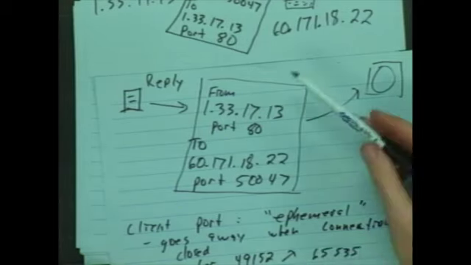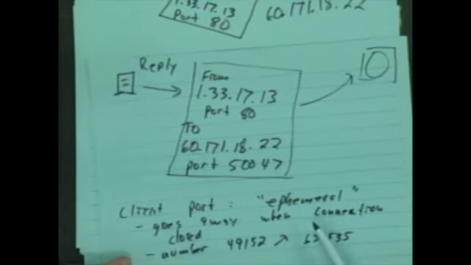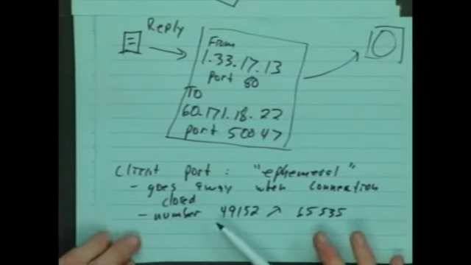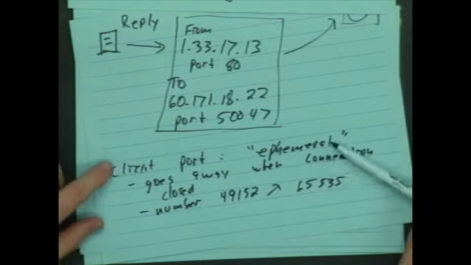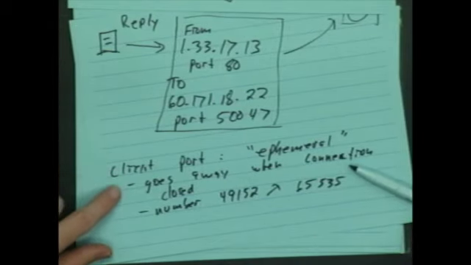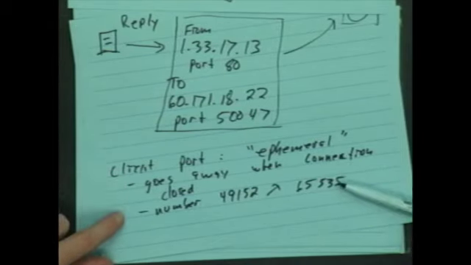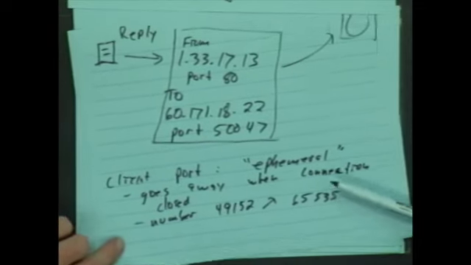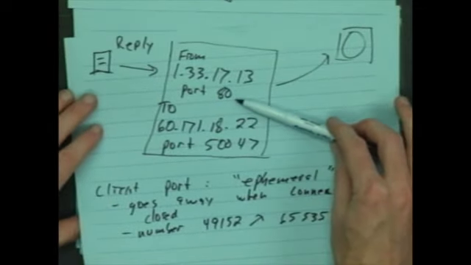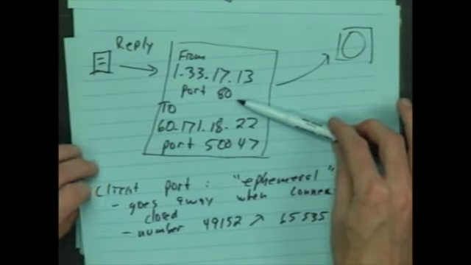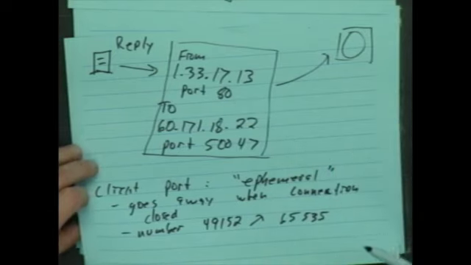That's about as much as fits in those 16 bits. So that ephemeral port number, again, it's ephemeral. That means it goes away when the client's done with the connection. And it's these higher numbers, okay? These lower numbers like this web server, those are specially reserved for different applications. We'll talk about that in a minute.